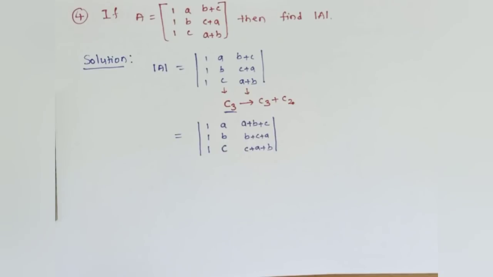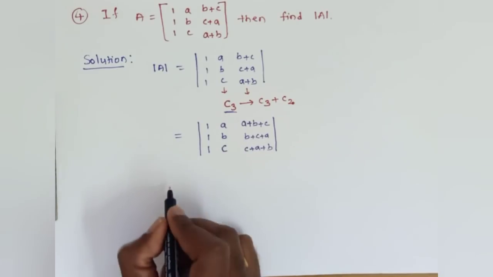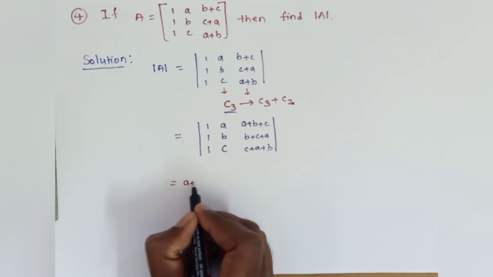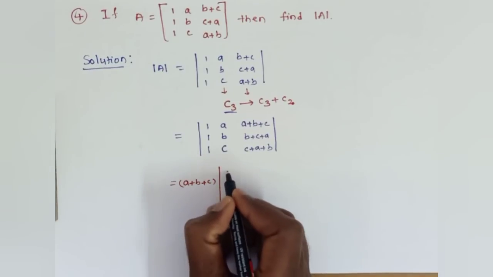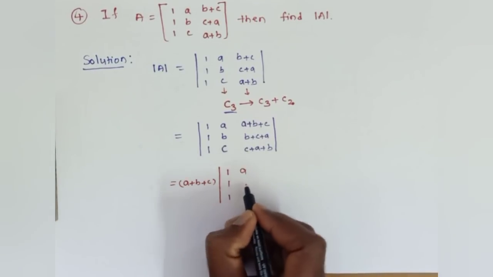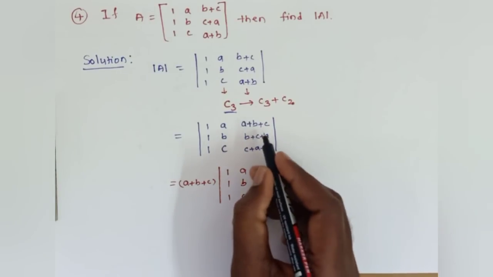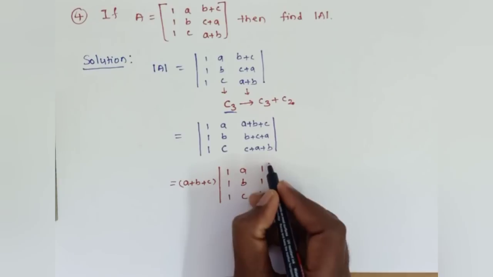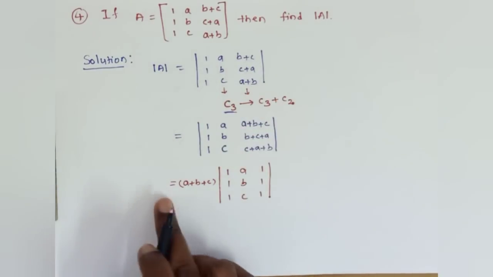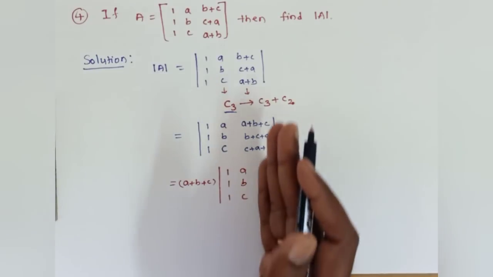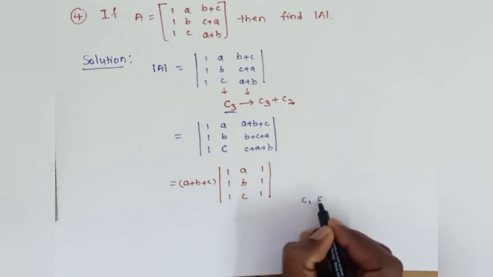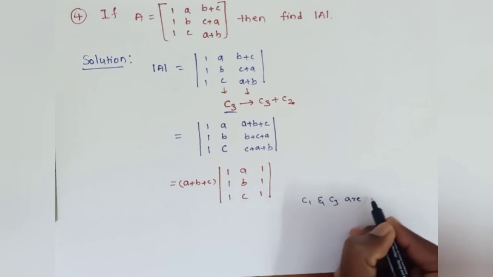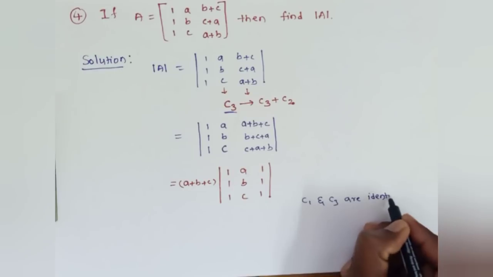Now observe the third column. The entire column 3 contains A plus B plus C, so A plus B plus C is common. So this times 1 1 1, A B C, and 1 1 1. Since the entire column contains A plus B plus C, it is common, so we can express column 3 as 1 1 1. Now you can observe column 1 and column 3 are identical, or we say they are the same.